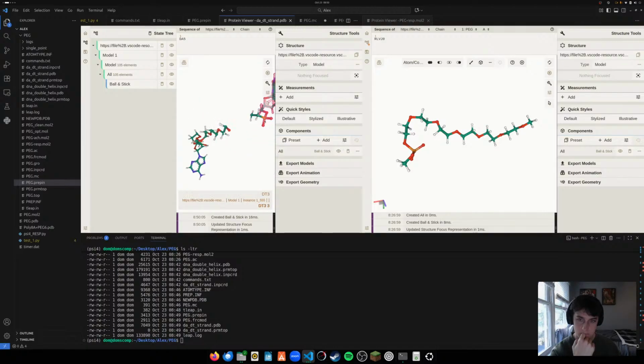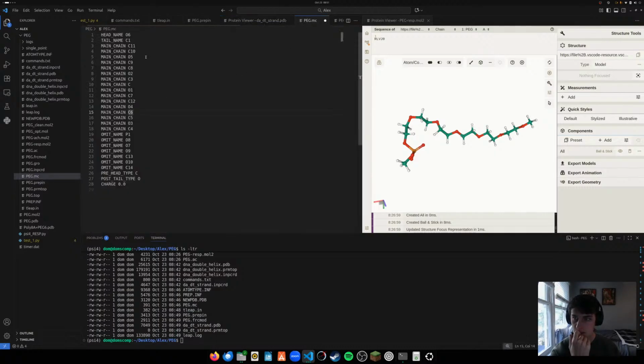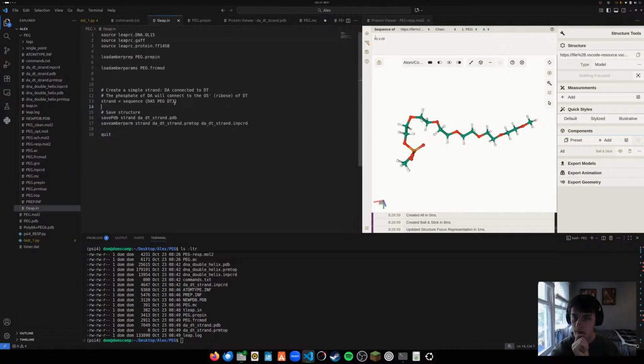Hmm. What is this? C1? So let's look at the main chain. C1 is the tail. Oh, you know what? It might be this. Let's try that.